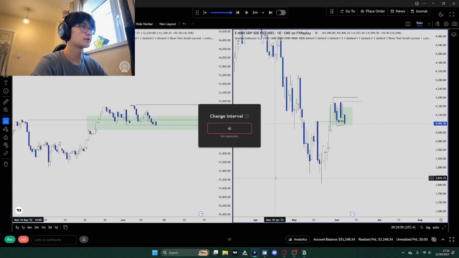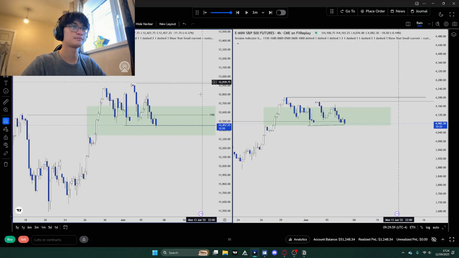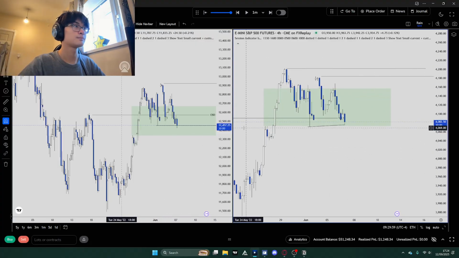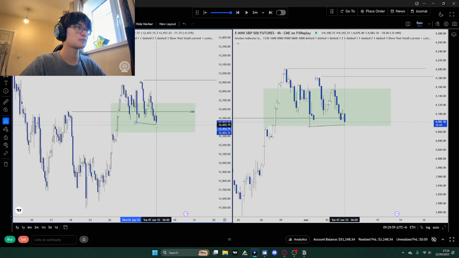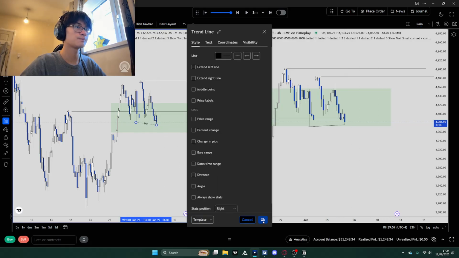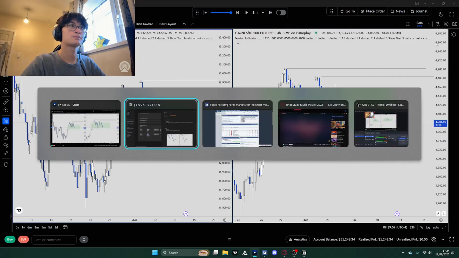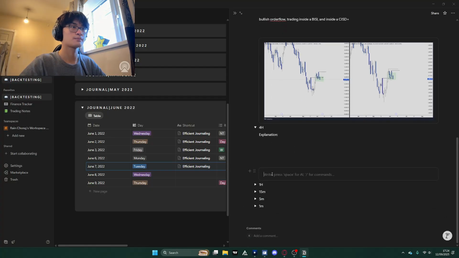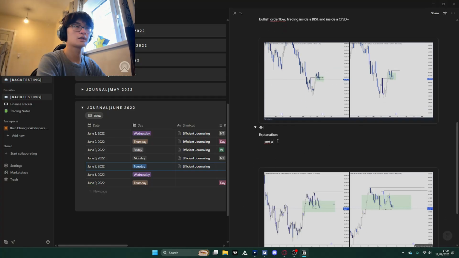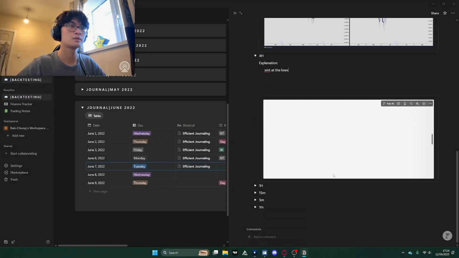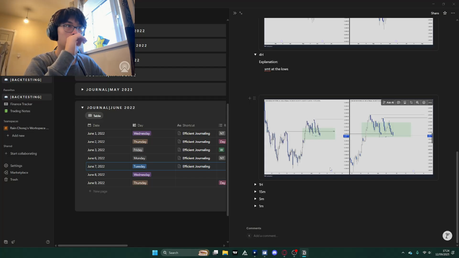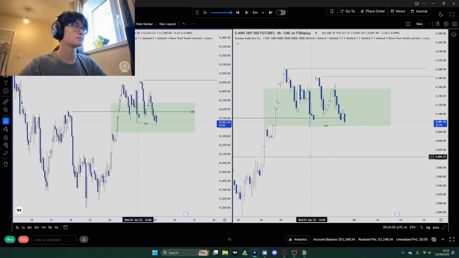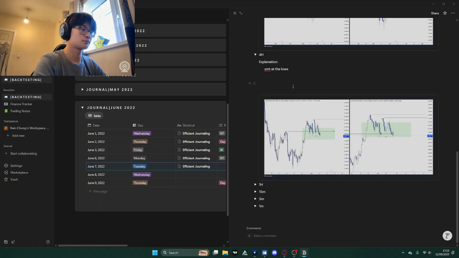Let's go to 4 hour here. SMT the lows. However, overall bearish flow.